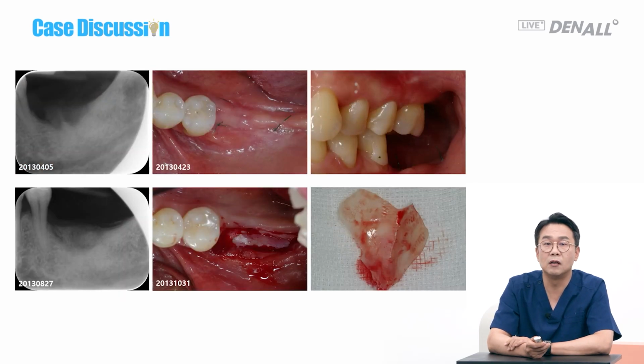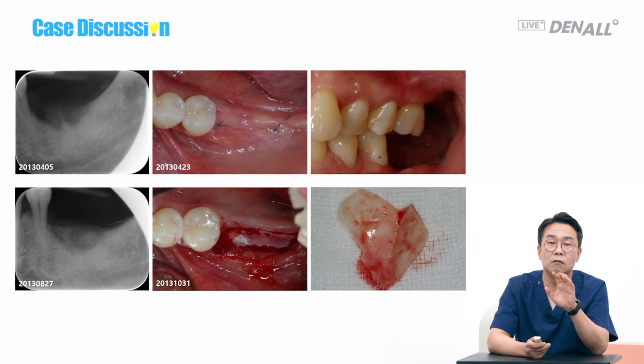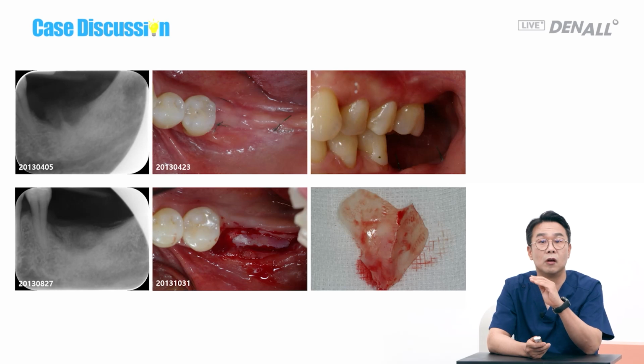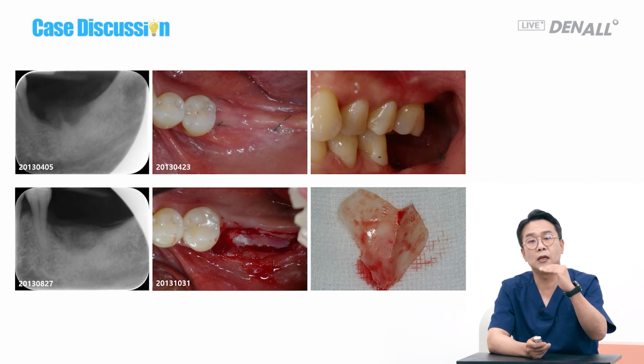So this is at the beginning and after it is healed. On the 5th of April, extraction, and the implant was inserted. On the 27th of August, you can see the whitish incompletely osseointegrated portion. If it was not there, it would be concave, but it is made flat.